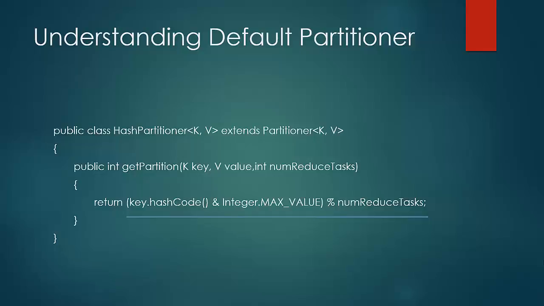Depending on the result, the key value would be sent to a particular reducer. It is to be noted that only the key is considered on which reducer the key value should go to. And that is how it should be, as we want all the values for a particular key to go to a single reducer. But this can be changed as per requirement of the situation.